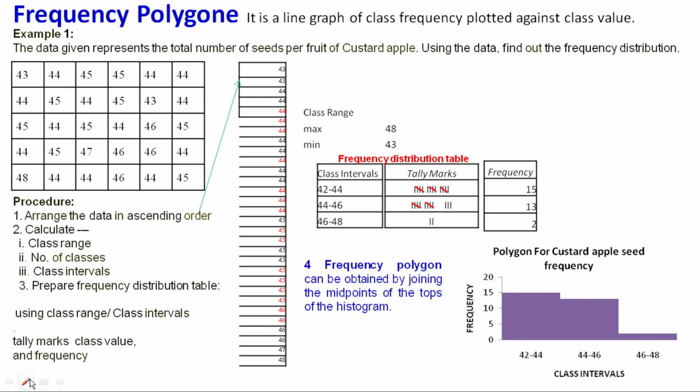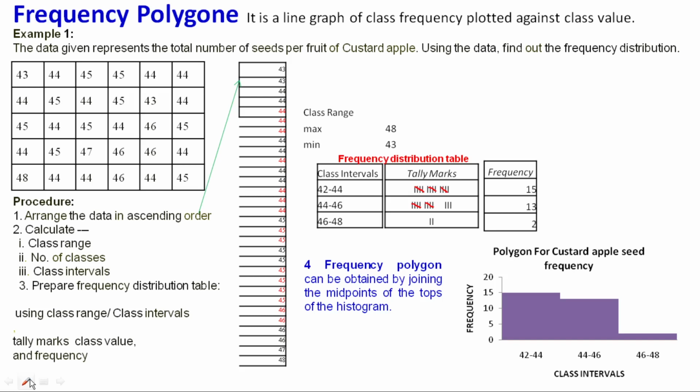So here are two ways by which we can determine these values, that is called midpoint or mid values. If you are not going to make a histogram, mid value or midpoint determination is one of the important tasks, and this mid value can be determined by a very simple formula.